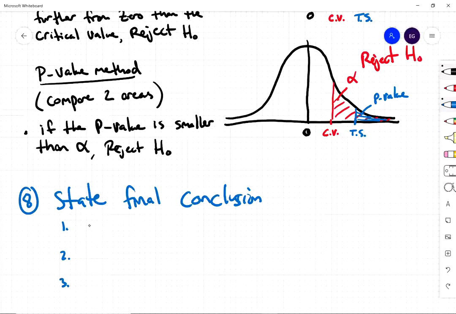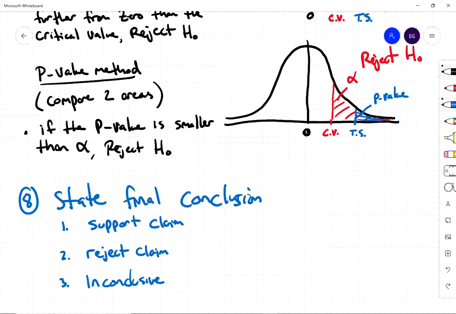Either your data supports the claim, so the data backs up the original claim, or the data contradicts the original claim, so you reject the original claim. Or finally, the test could be inconclusive. And if the test is inconclusive, that just means you need more data. You need a larger sample.